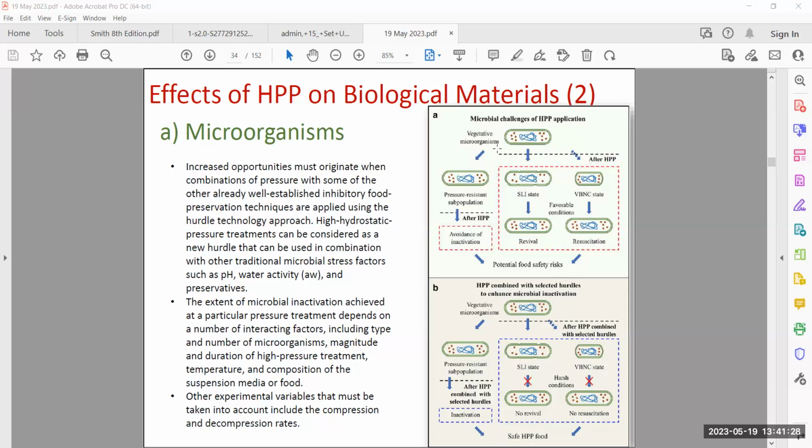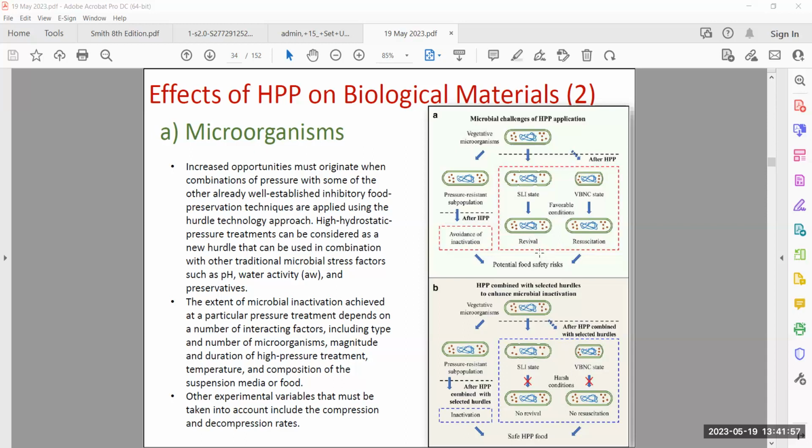Let's say you have a vegetative microorganism and you have undergone HPP treatment and all the microorganisms have died, then it is very good. But there's always a possibility that after the HPP treatment there is what we call the SLI state, or sublethal injury, and this microorganism can be revived and regrow again.